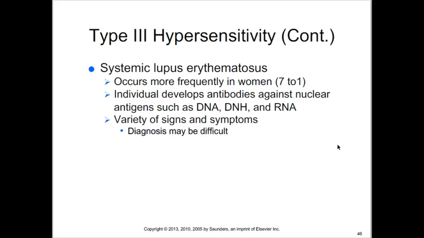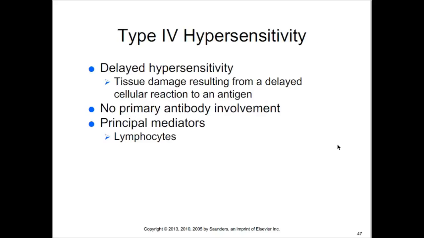Very difficult to diagnose because of the variety of signs and symptoms, and usually they'll have a list of signs and symptoms, and if you fit that list, like say 5 out of 8 of those on the list, then you would be diagnosed with SLE or lupus.